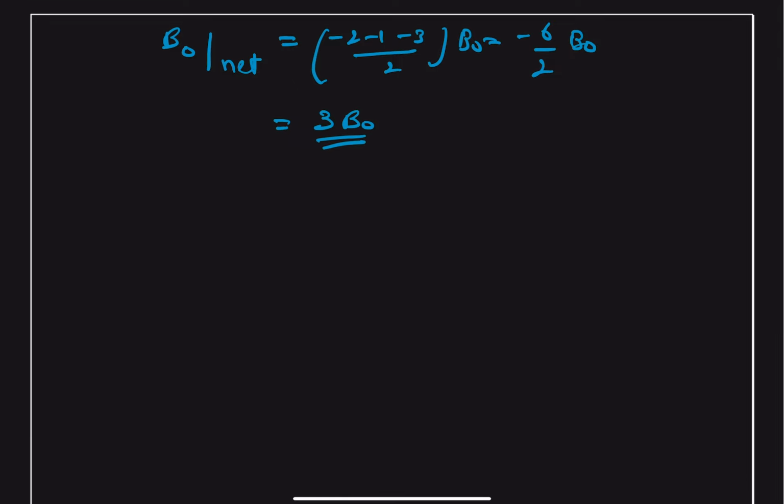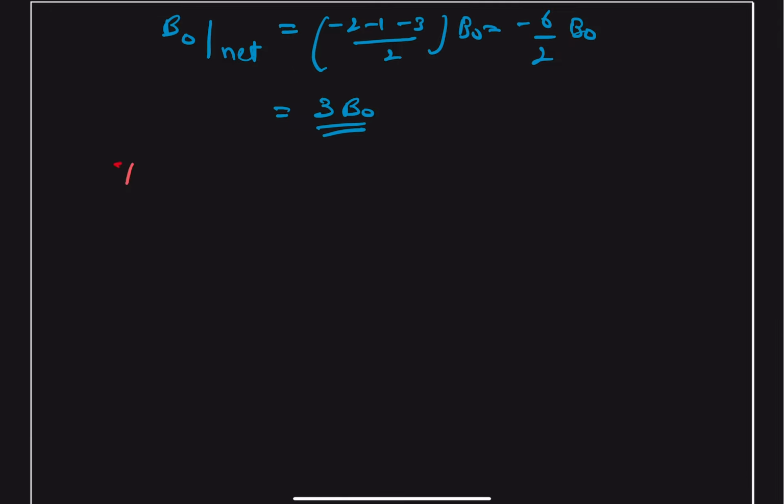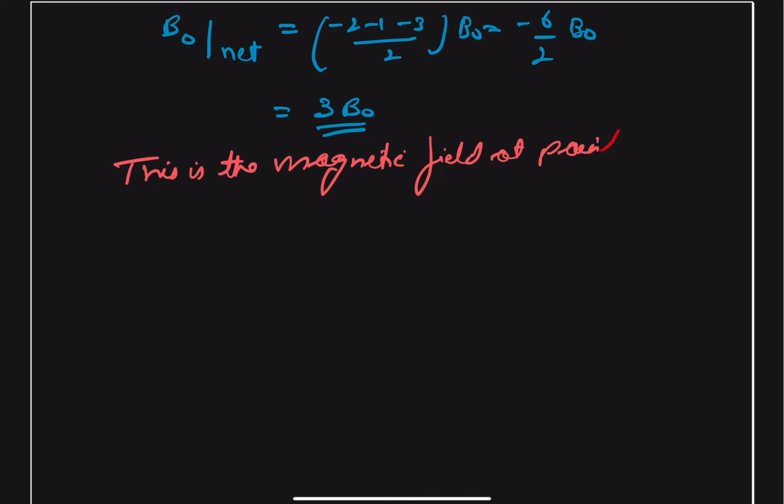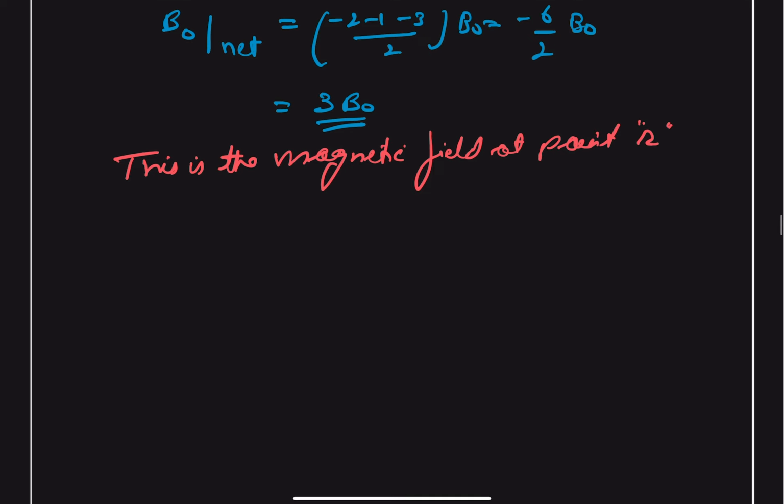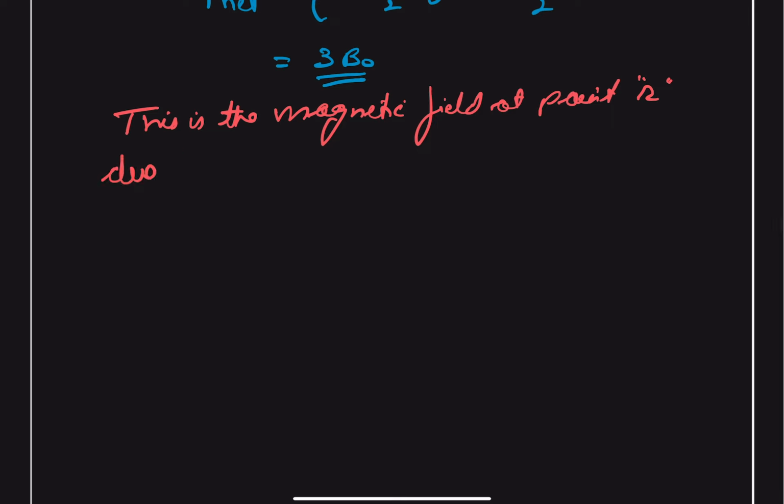This is the magnetic field at point R due to rods A, B and C. So this question was a little bit tricky, because here the direction of the electric current in both B and C was not given, and the value of the current flowing in C was given as IC.